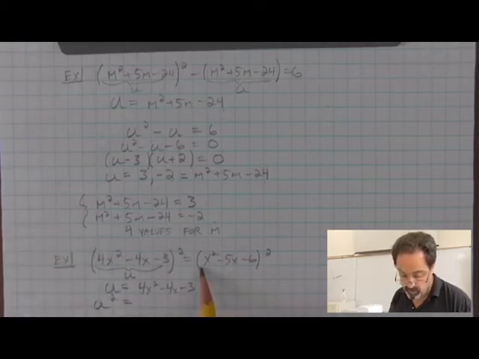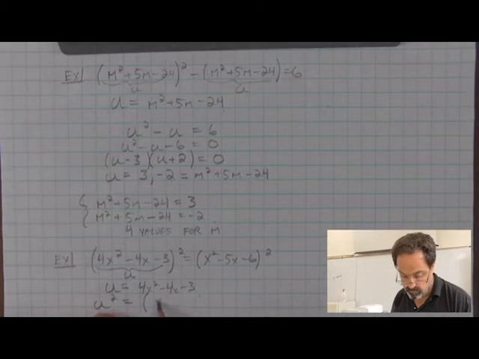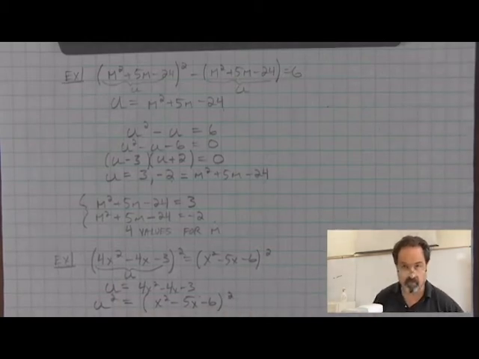Can't substitute U for this because U is assigned to be something different. But if I continue, then I get U squared is equal to (x squared minus 5x minus 6) all squared after a U substitution.